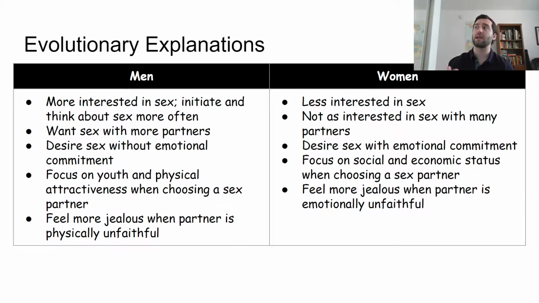This is just looking at a bunch of different patterns that we see in men and women when it comes to sexual motivation. Now, again, these are broad patterns. These are not meant to connect with every single individual man and every single individual woman, but it's more of a broad thing that we tend to see.